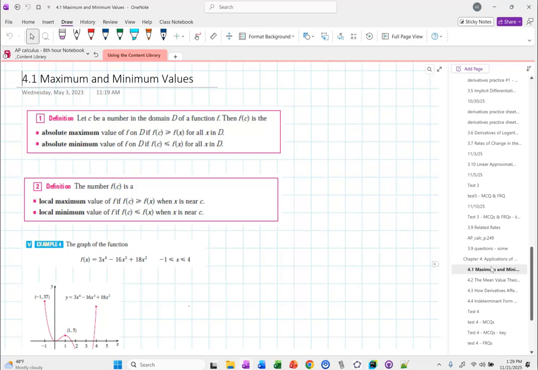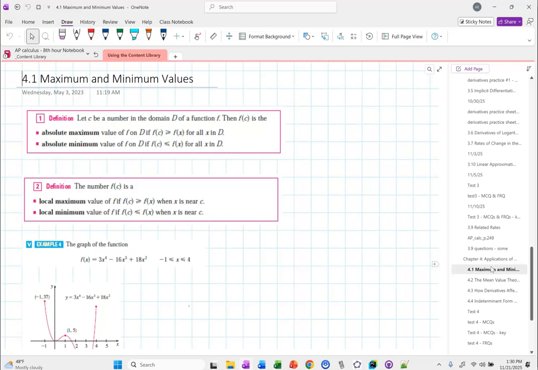Do you have to have an absolute maximum or minimum in your function? No. Why not? Because you just have global ones. What if... can you have no global or absolute maximum or minimum? Sure, so like Sarah says, what about a linear function that just goes on forever in both directions? There's no highest and lowest point on that, right? Is everybody okay?